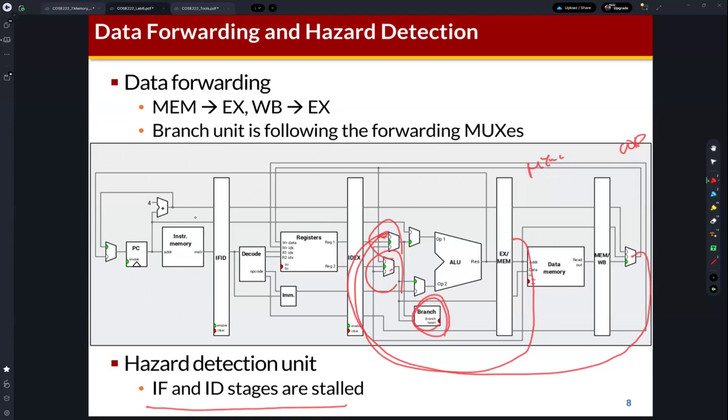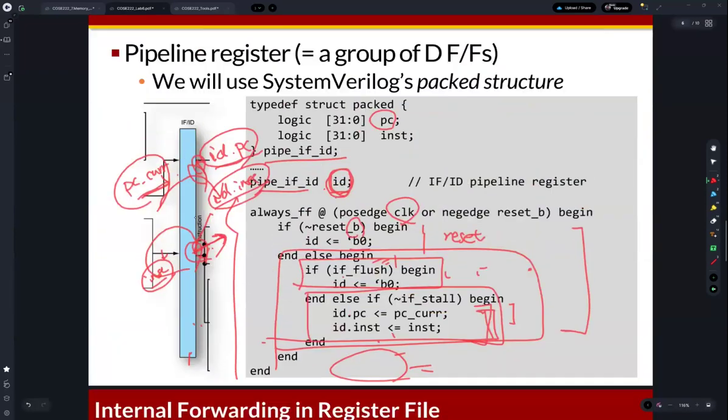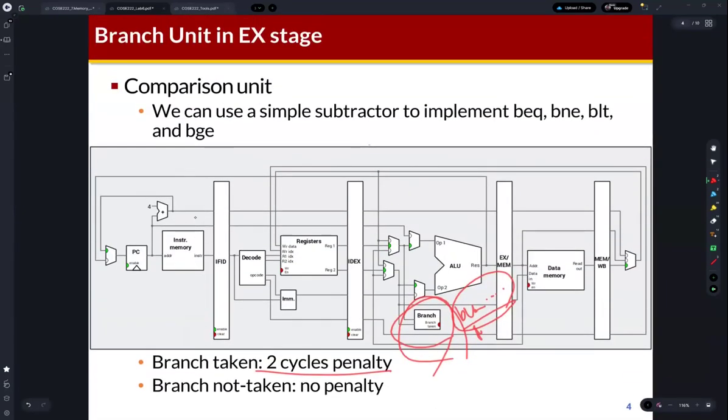Then we need to detect the hazard, and then also we need to define the behavior, the hazard by branch instructions, right? So you need to implement this one.